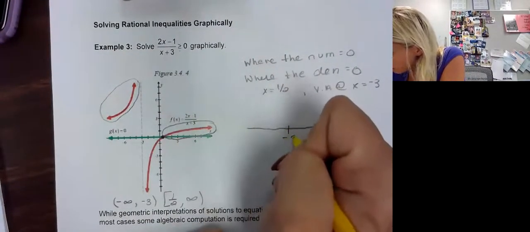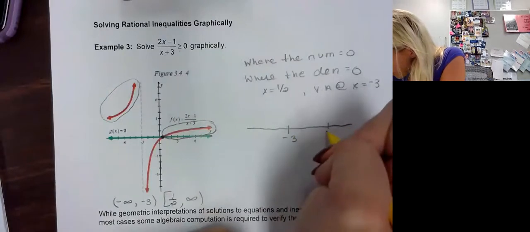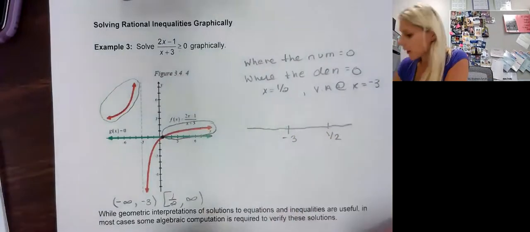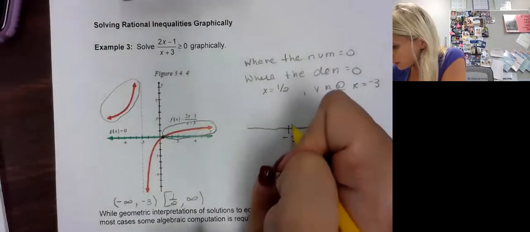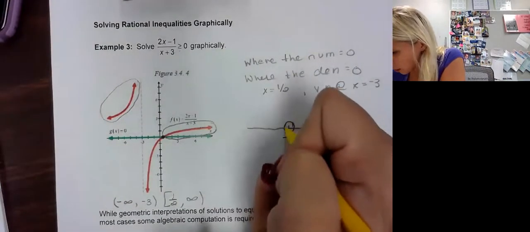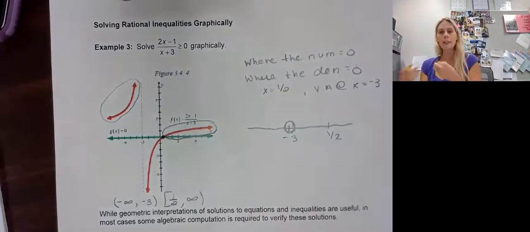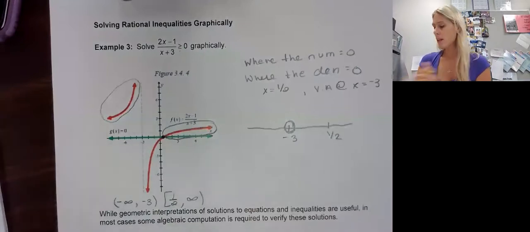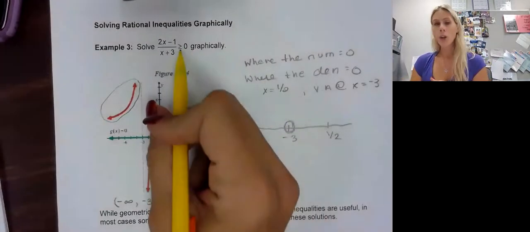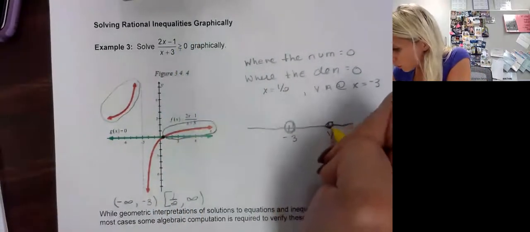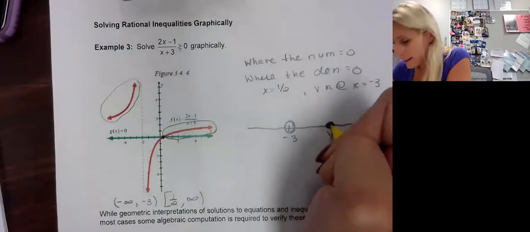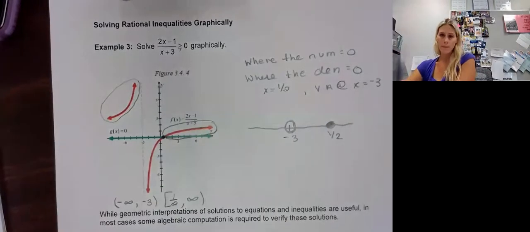So -3 and 1/2. Now, first of all, anytime you have a vertical asymptote, that's always going to be open. It's going to be a parenthesis. So I start marking my sine rays like this. 1/2 is the value where they meet. Then you need to look, okay, is it equal to or not? It's equal to, so I'm going to remind myself that that is filled in and that's a bracket.